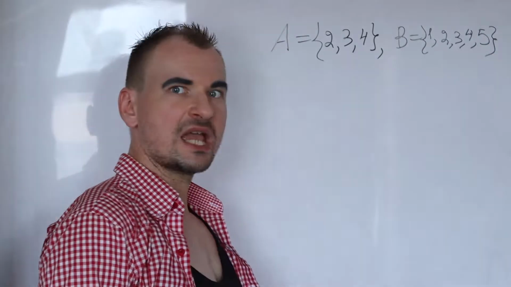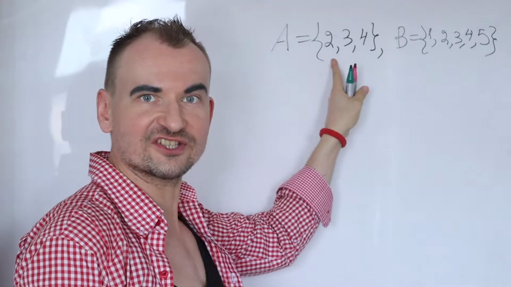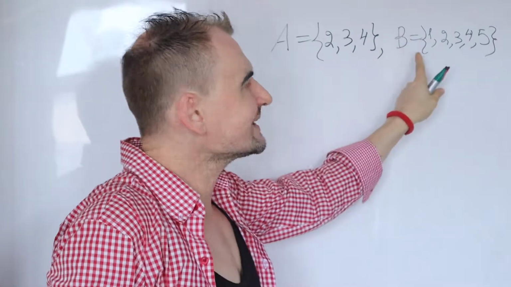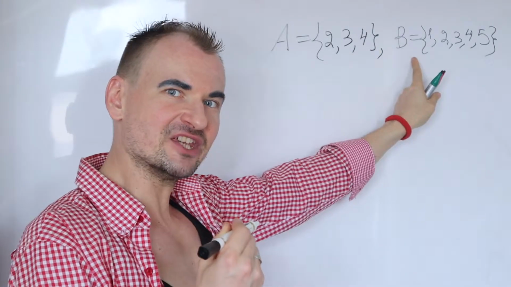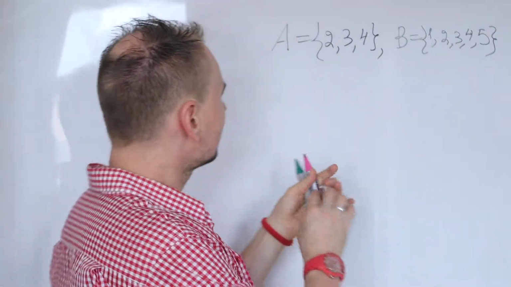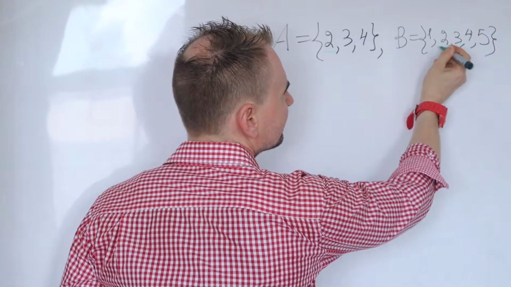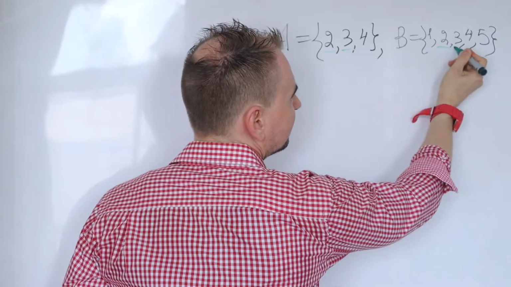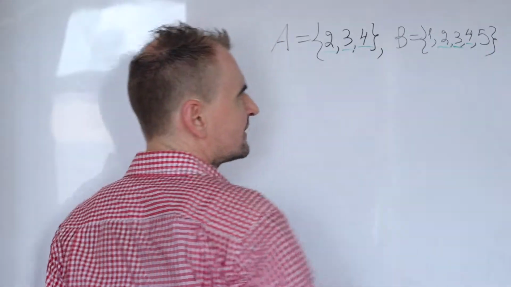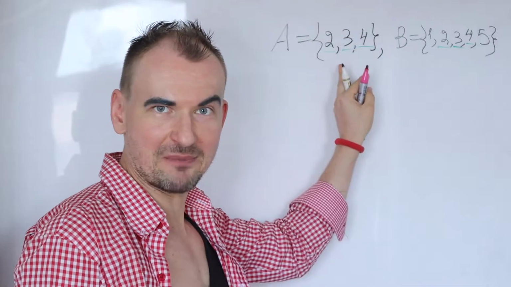Now, as you can see, each element of set A, namely 2, 3, and 4, is an element of set B. So 2 belongs to B, 3 also is in B, and finally 4 also is in B. B has all of these elements.